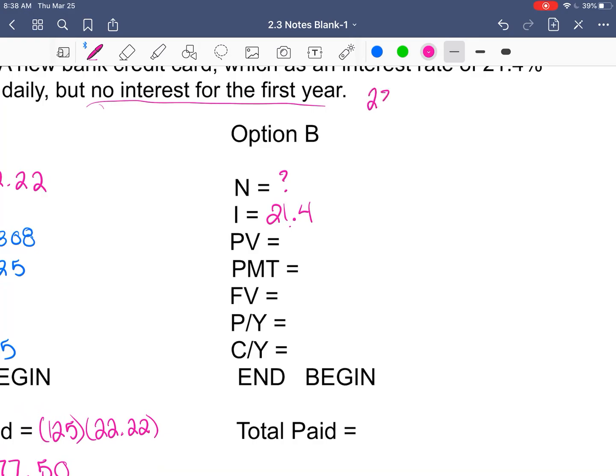So he currently owes $2,348, but he is going to make payments for a year of $125. So that is going to give us $848. So he only has to pay interest on $848.